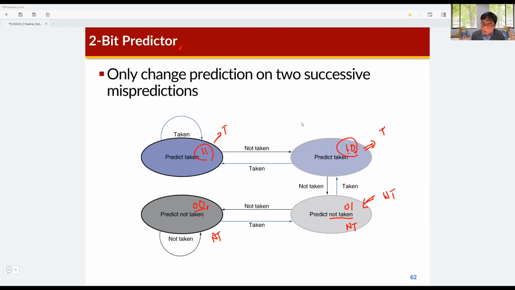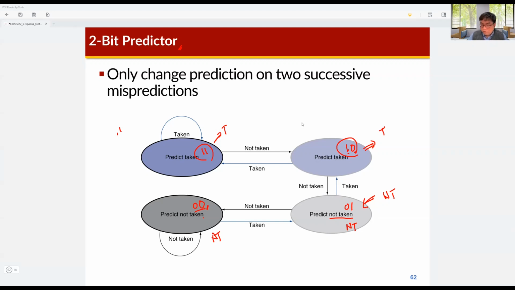We check the 2 consecutive previous results of the branch instruction, and based on these previous results, the state is changed like a saturating 2-bit counter. And then based on the state, the result of the current branch instruction is predicted. Okay, so this is the 2-bit predictor.